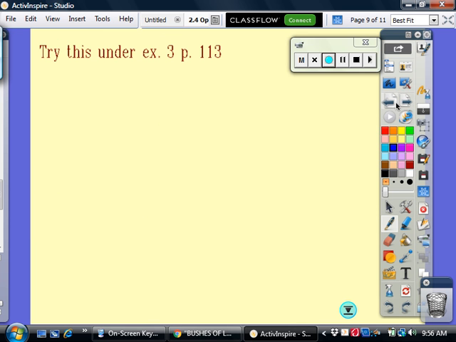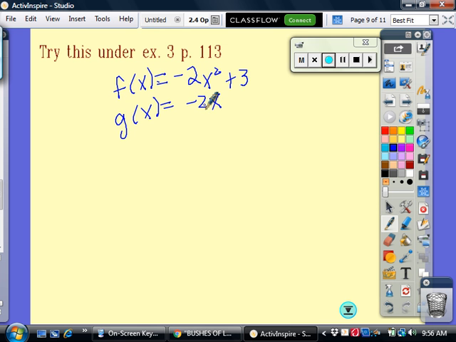Alright, the try this underneath this example has f of x is equal to negative 2x squared plus 3, and g of x is equal to negative 2x. Alright, see if you can find f of g, which if you'll remember means you're going to plug g into f.